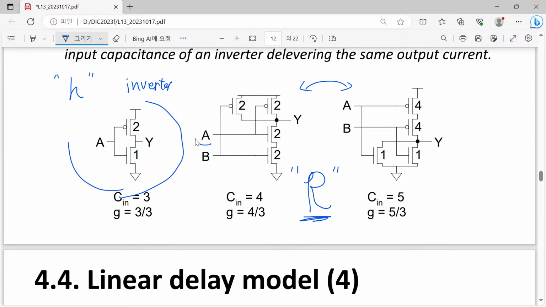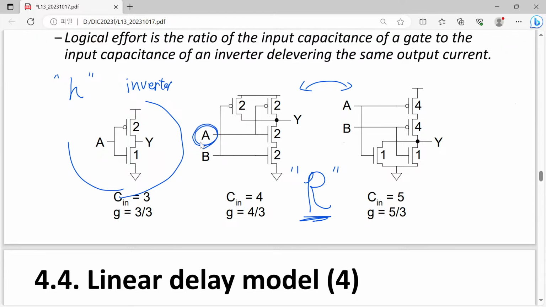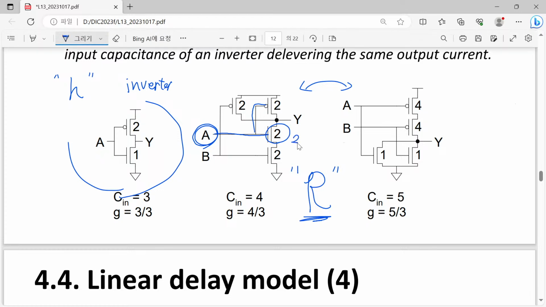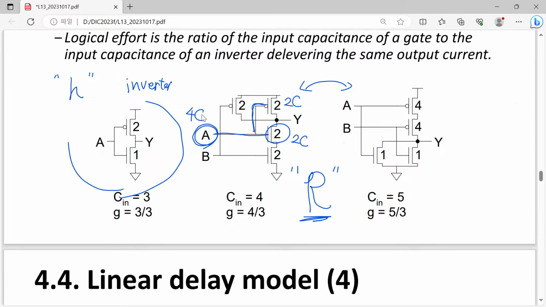Please have a look at this A node. From the A node, you can see one NMOSFET and one PMOSFET. This transistor contributes C. Also this PMOSFET will contribute C. So overall, it will have 4C as its input capacitance.